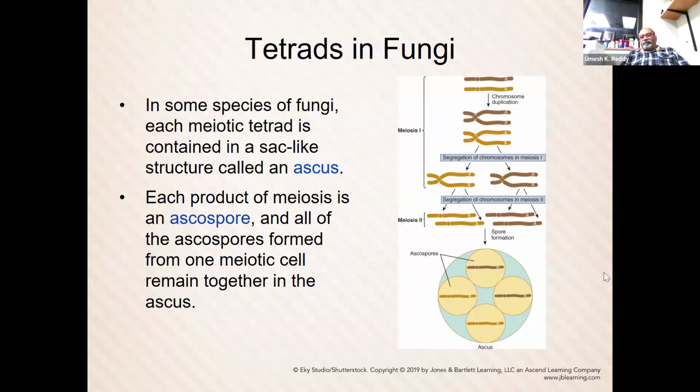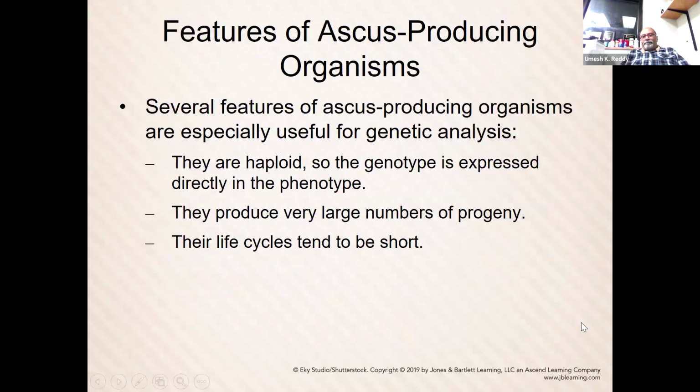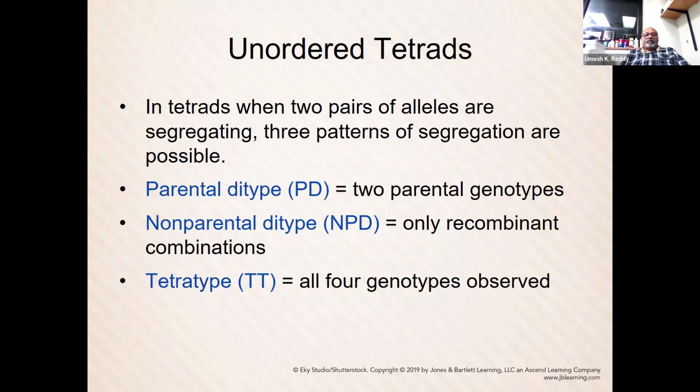So we understood parental ditypes, non-parental ditypes. What are the parental ditypes? 100% parental kind and 100% recombinants. That can only happen when the two genes are on different chromosomes.